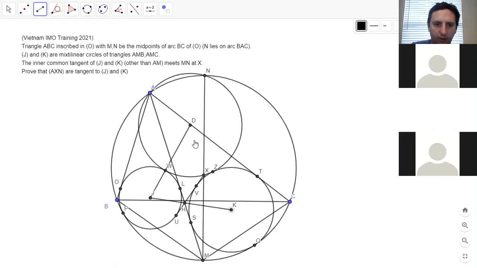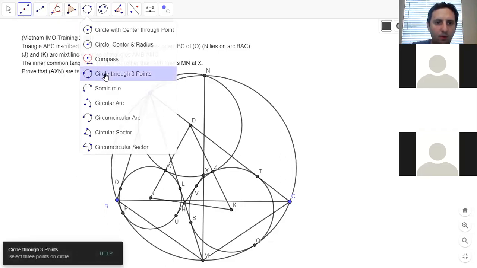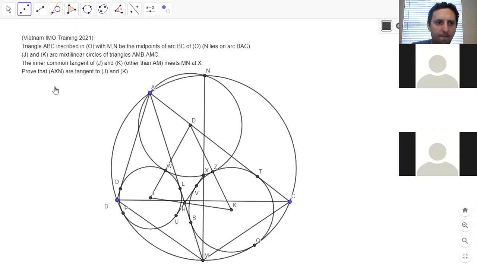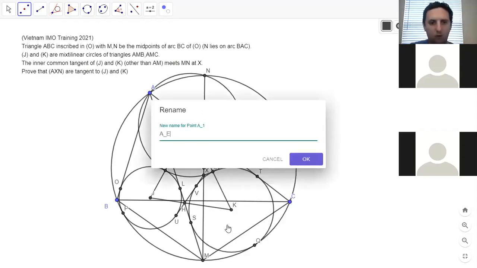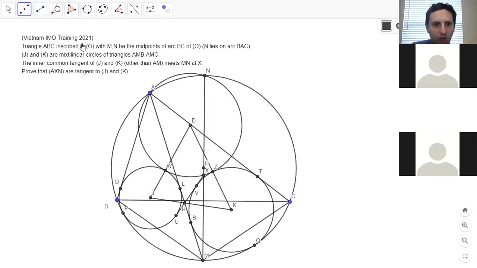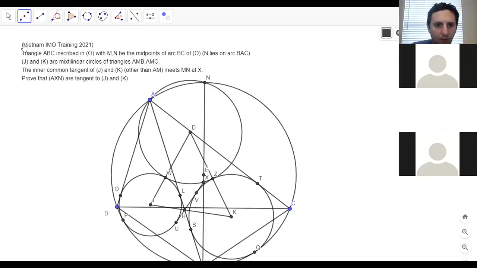Maybe it's worth drawing the center of ABC too. So that's O. The segments of DJK. Yeah, I can delete it.